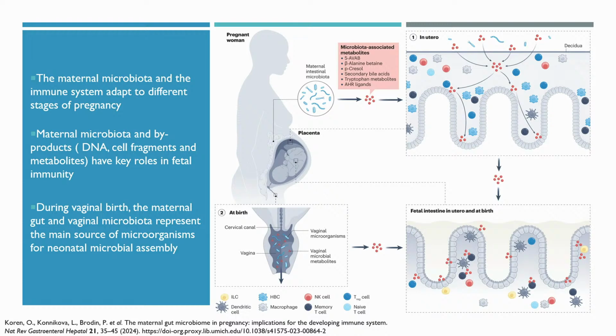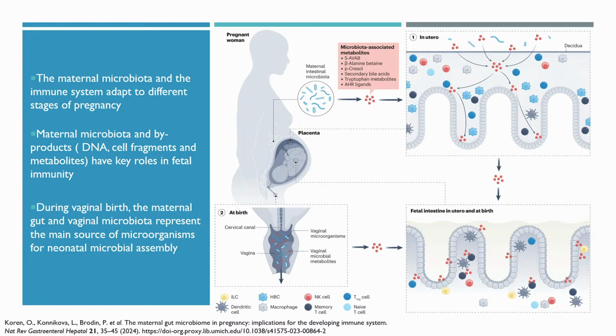Okay, so to put this into some more context, the maternal microbiota and the immune system adapt to different stages of pregnancy as well. Here, the maternal microbiota produces certain, like I mentioned earlier, metabolites.